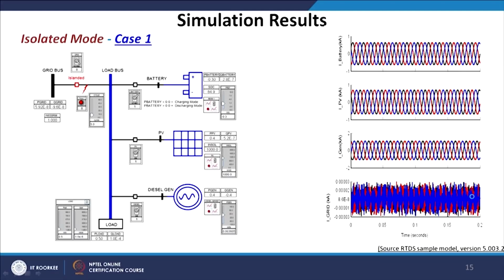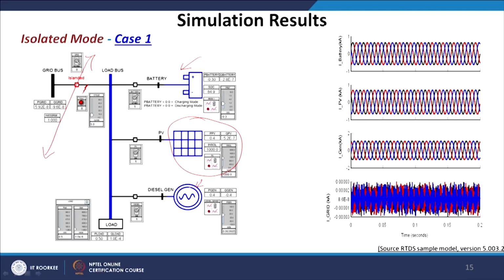Now, let us move to the isolated mode. That is very interesting. In the isolated mode, the battery is discharging 0.3, the PV is operating at its MPPT, that is 0.4, and the diesel generator, because the grid is islanded or disconnected, is actively participating in supporting both real power and reactive power.